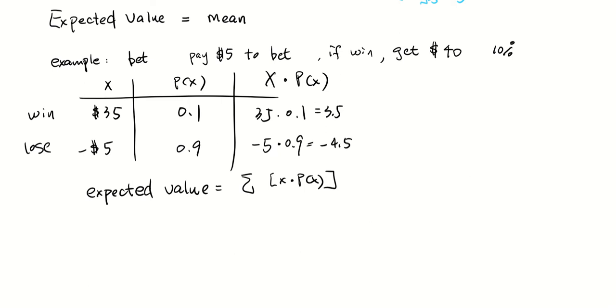You add them up, 3.5 plus negative 4.5, that will give you a negative 1. So this means if you keep playing, on average, you will lose $1 for each game you play, because the expected value for each game is negative 1.